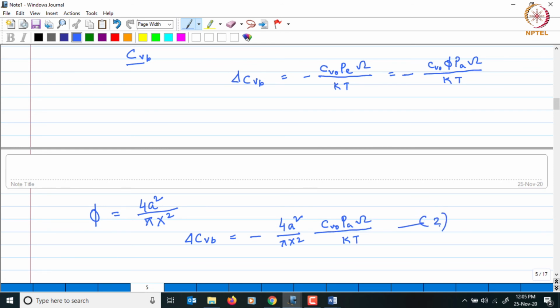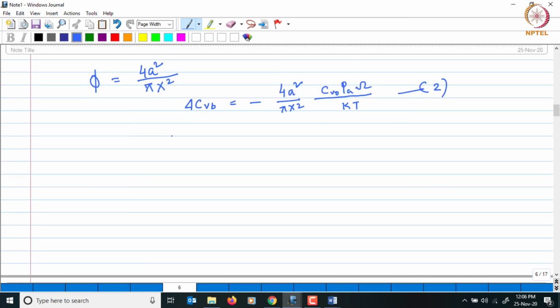Let us call that equation 2. So delta CVN and delta CVB will depend on these two parameters, K and phi.